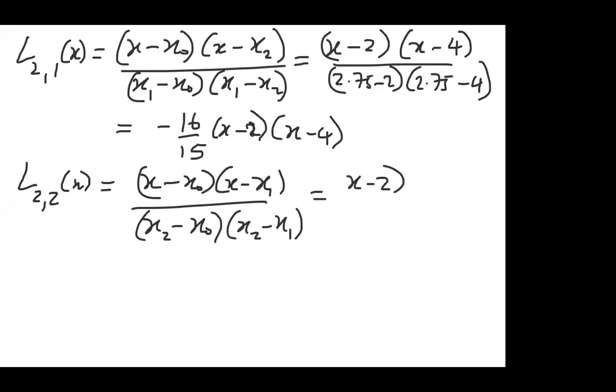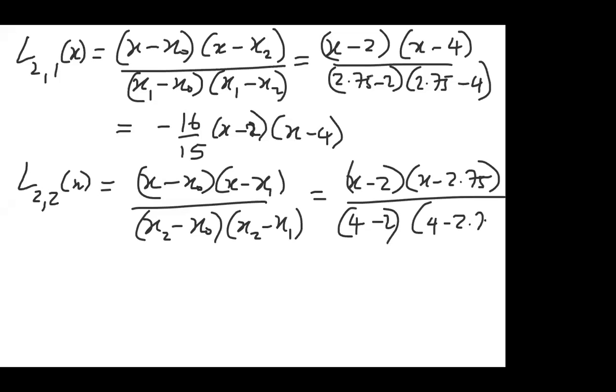So I'm going to have x minus 2 times x minus 2.75. This divided by the same expression evaluated at x2, so it will be 4 minus 2 times 4 minus 2.75. So you can simplify the numerator there. You should be able to verify that this will just give you 2 over 5 times x minus 2 times x minus 2.75.